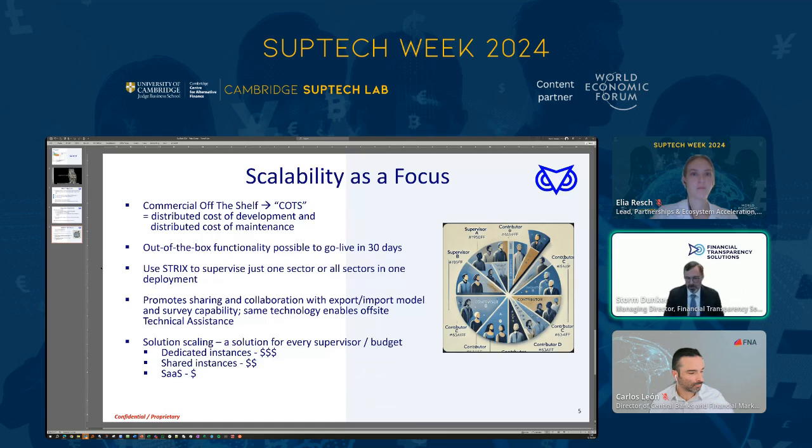And then the last slide I have is just to identify the scalability as a focus. So we want that Strix is strictly reusable. It's a commercially off-the-shelf product. We have 14 supervisors using Strix, and that means there's a distributed cost of development. It means there's a distributed cost of maintenance.